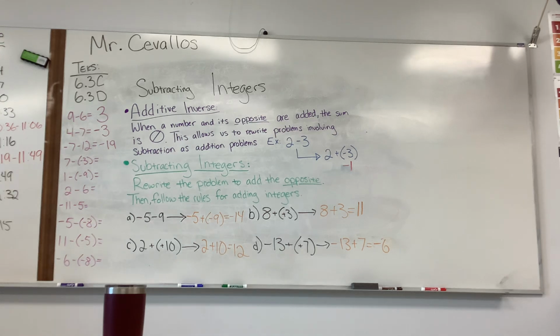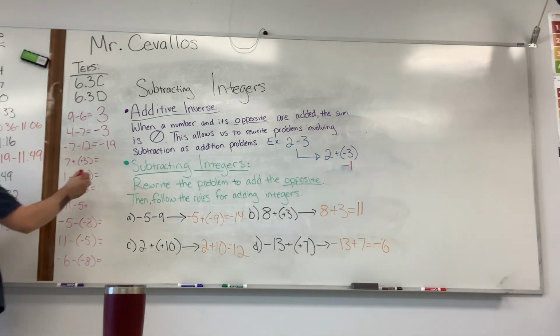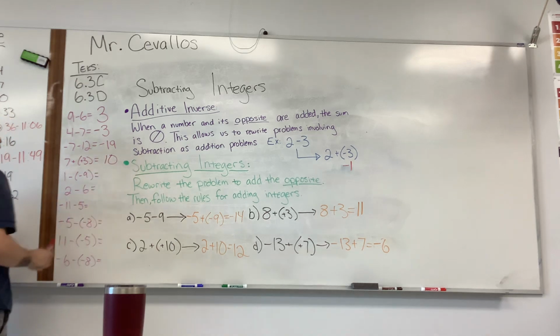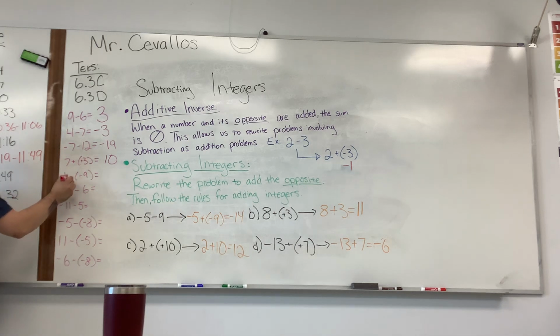Our next example, we get to change that sign. 7 minus negative 3, we can't minus a negative, so we add the inverse. 7 plus 3 gives us positive 10. 1 minus negative 9, we add the inverse. 1 plus 9 will give you 10.